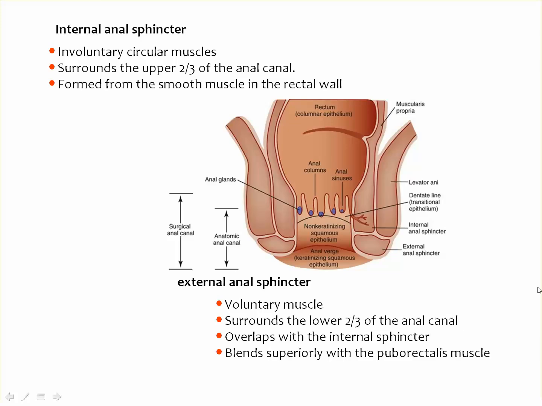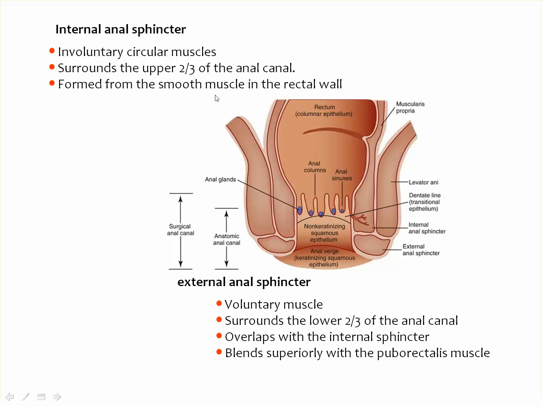Then, where is the anal sphincter, the internal one and the external one? I already mentioned the difference. The internal anal sphincter is made of smooth muscles and is a continuation of the rectal wall through the anal wall. This is an involuntary muscle, and it surrounds the upper two-thirds of the anal canal.